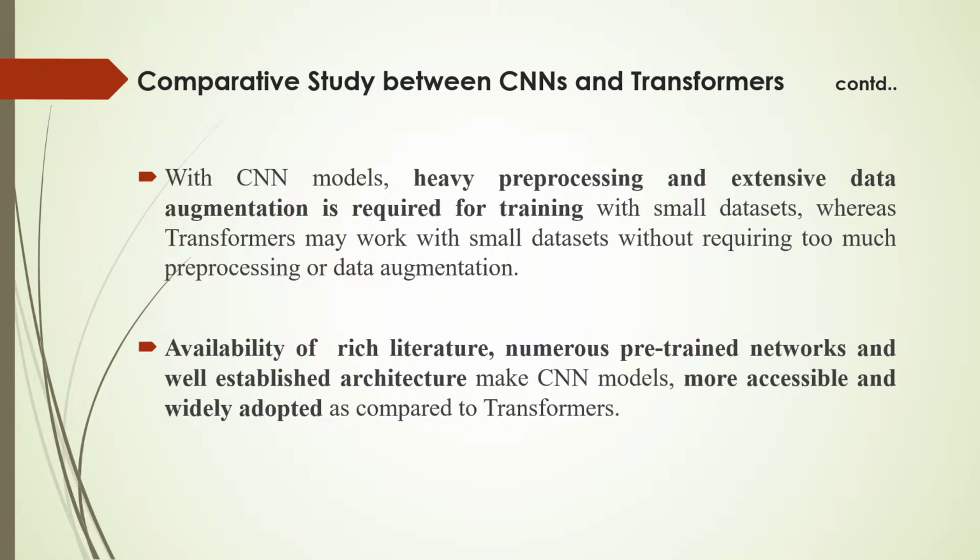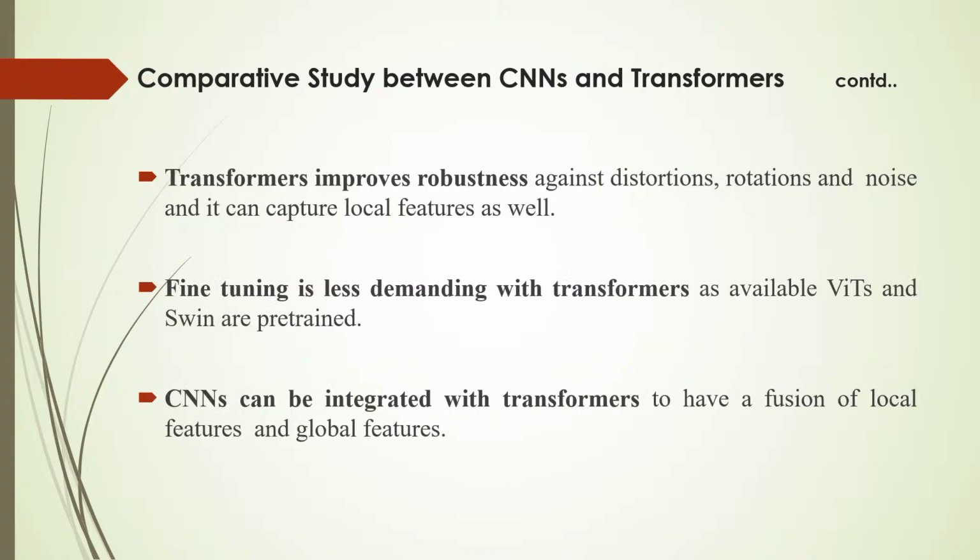We have numerous pre-trained networks and well-established architectures. We can conclude transformers improve robustness against distortions, rotations and noise, and they can capture local features as well if we reduce the size of patches. Fine tuning is less demanding with transformers as available ViT and Swin weights are already pre-trained.